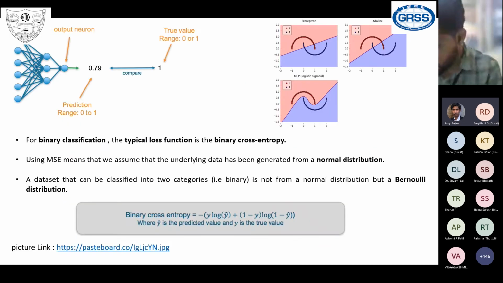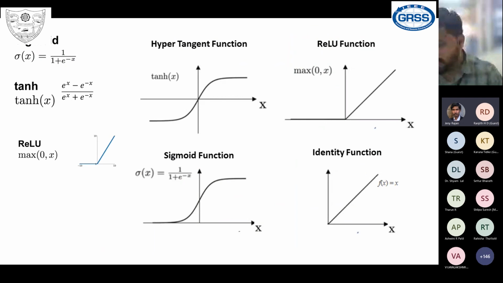So we will see what are the other commonly used activation functions. Other commonly used activation functions are TANH and ReLU. So this is how the TANH is defined, and this is how the ReLU is defined. So TANH y is equal to e raised to x minus e raised to minus x divided by e raised to x plus e raised to minus x. The similarity between sigmoid and TANH is that both are bounded. In the case of sigmoid, the value is between 0 and 1. For TANH, it is always between -1 and 1.